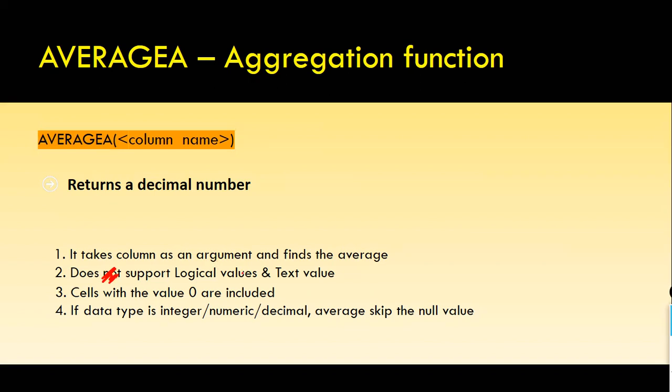So how does it support logical values? It considers true as 1 and false as 0. Values that contain non-numeric or text will be counted as 0. If you have a text value, it will be considered and counted as 0.